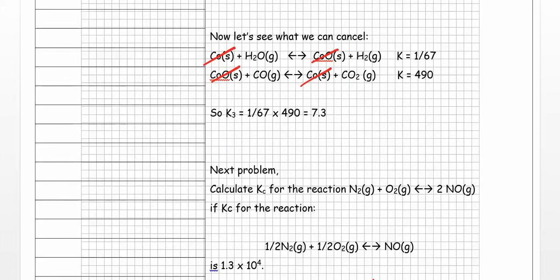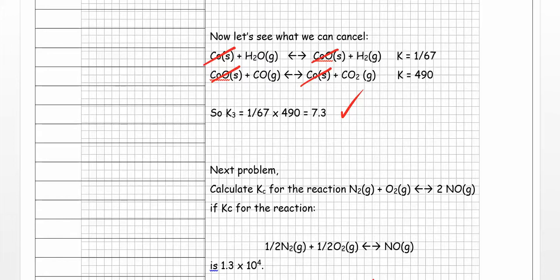So what do I do with these two K values once I've got the reaction that I'm interested in and I've canceled out what I need? I'll call it K3. I'm going to remember to multiply these two numbers together. So 1 over 67 times 490, when I do that on the calculator, I get 7.3.